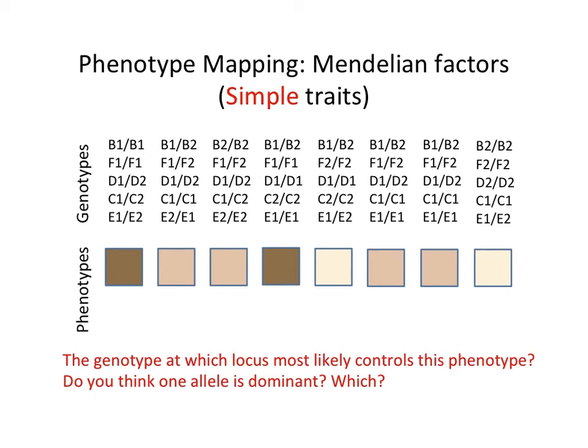So, is it E? Well, I think it's E because the individuals that have dark phenotypes each have allele 1 of gene E. And each of the individuals that have light phenotypes have at least one E2, the second allele.